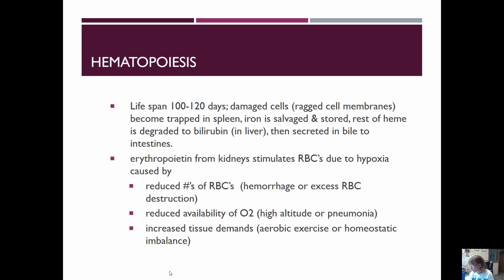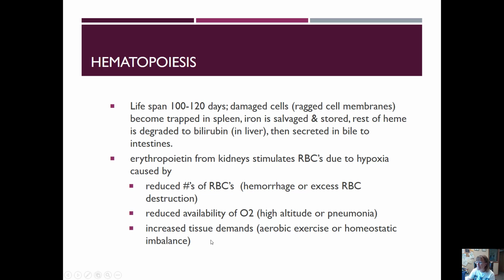The malarial parasite will cause red blood cell destruction. So that's one way to be hypoxic or have anemia. Reduced availability of O2, high altitudes or pneumonia may decrease your ability to deliver oxygen to your cells because you don't have oxygen in the first place.